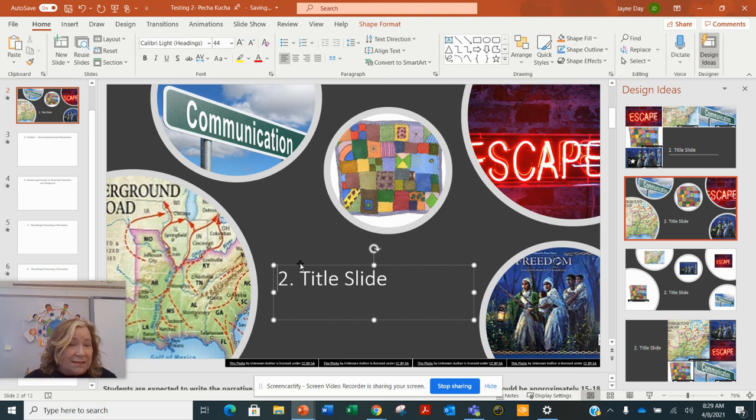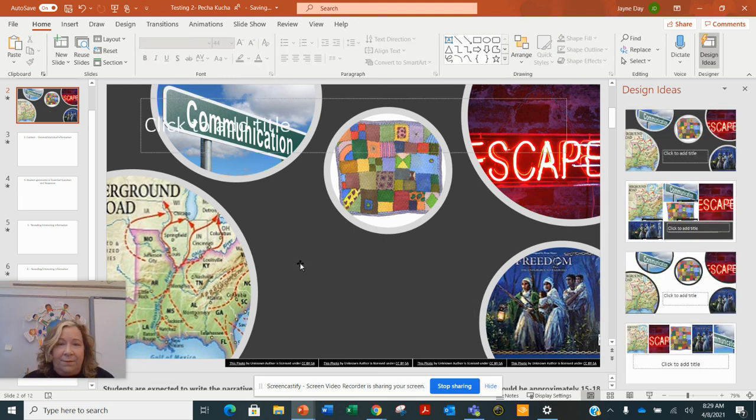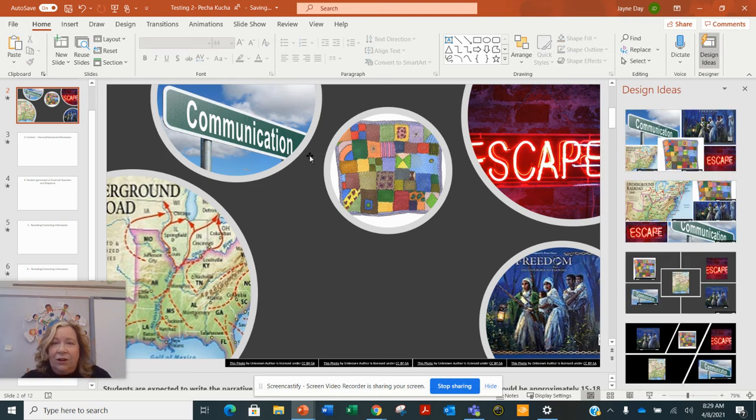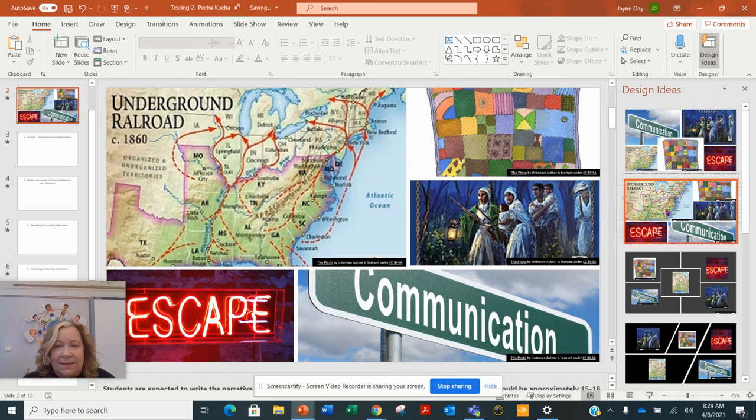I could just remove that. And I'm going to remove that title piece altogether. And notice again, look at the different things that are coming up here. Oh, I kind of like this one. That's a nice layout.